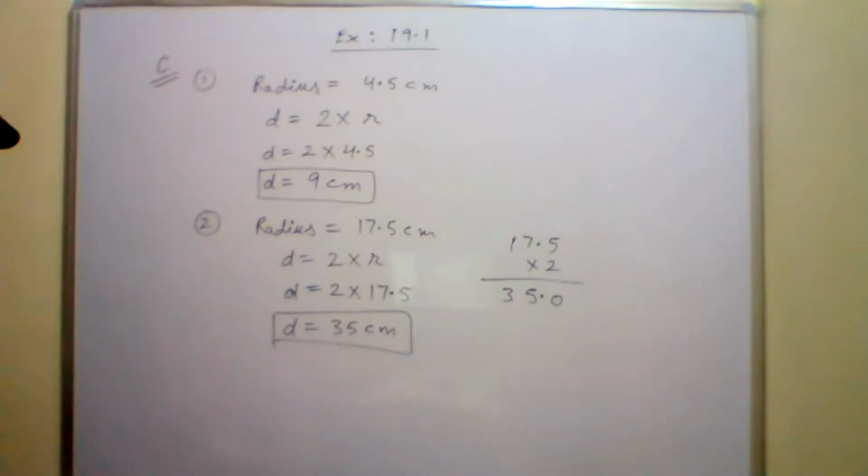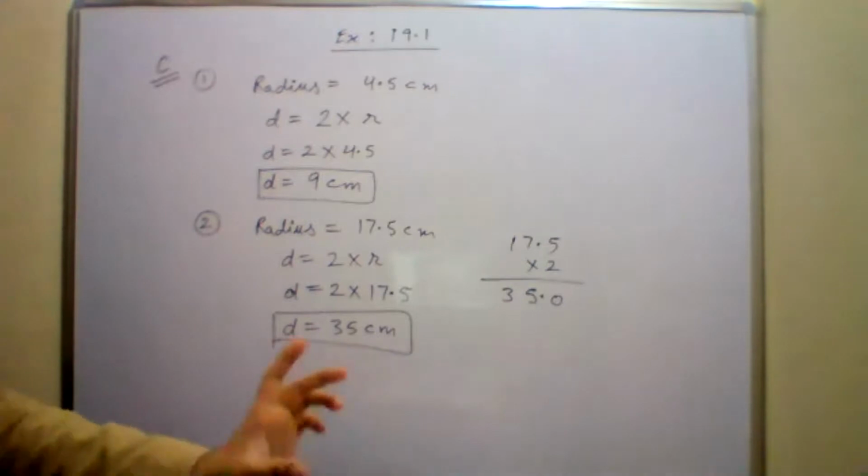Sir, can I bring a radius of 9? A radius of 9 centimeters is wrong, I will not allow you to make it in your notebooks. It will be a very big circle. Even an A4 sheet it will not come.